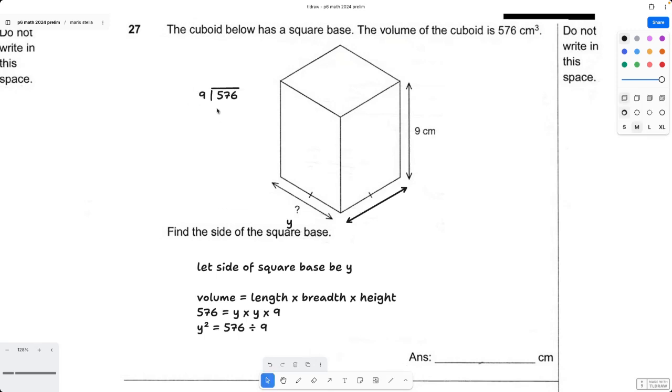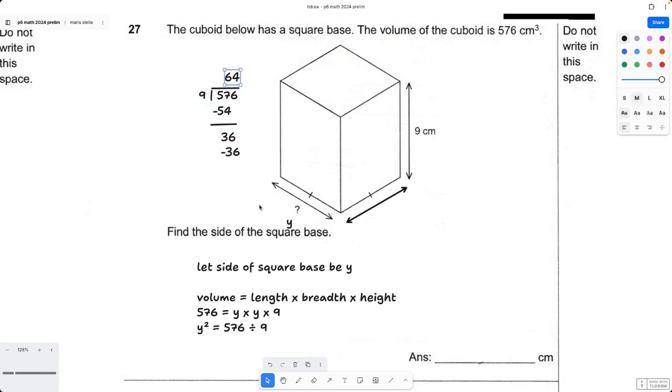Let's divide. So 57 minus 54, this is 6, right? So then we are left with 36. Minus 36. So this will be 4, right?